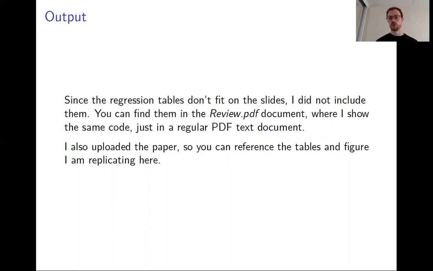And you can just look at exactly the same code that I run here, but I also included the regression output from the code there. Here I'm just going to show you the original table and then the code that I used to replicate this. You can also find the paper to actually reference the tables that I'm talking about here directly.